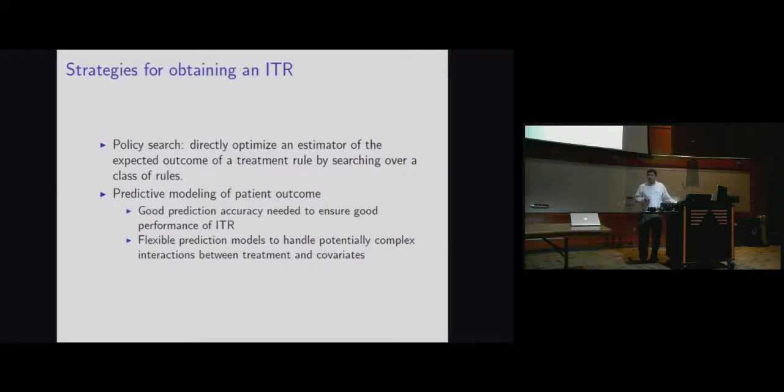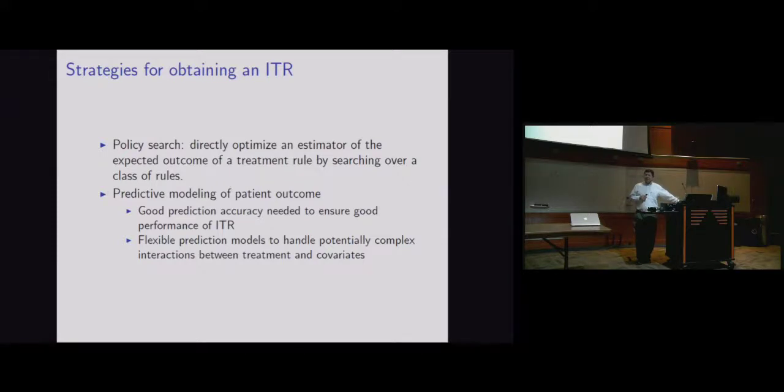So there are a couple of strategies for doing this kind of thing. One is a policy search, and that's what we saw with Michael Kosarak's talk yesterday. There you directly optimize an estimator of the expected outcome of a treatment rule by looking over a class of policies or rules. The other option is a direct predictive modeling approach of the patient outcome.